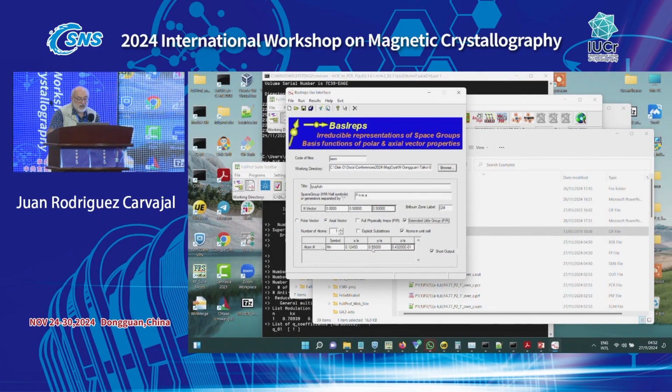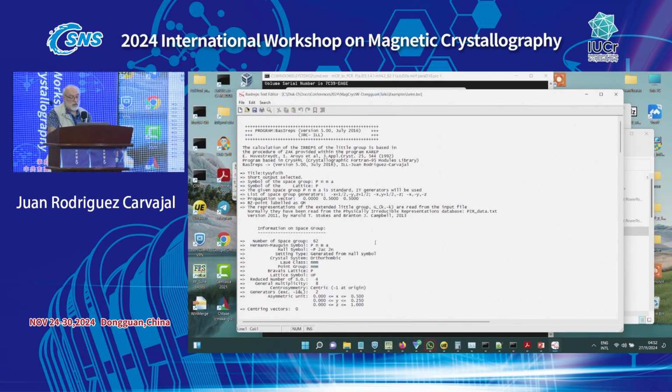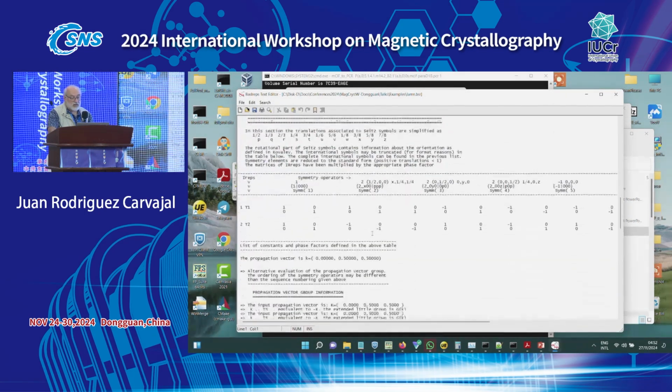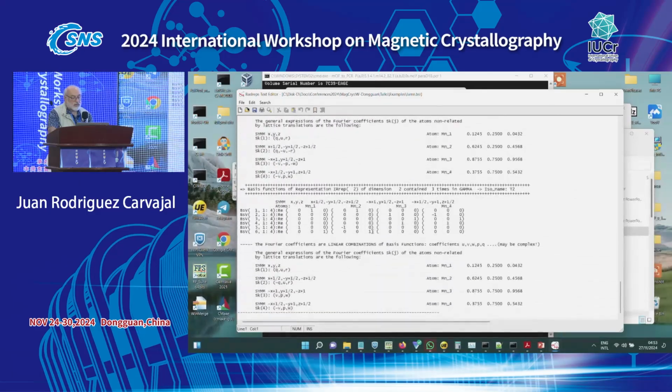If I put here PNMA, I put here 0.25, 0.25. This is a special position. And here we have a lot of coefficients also. You have QR, QUR, which you see here. And then they are disconnected. This is a splitting of an atom.